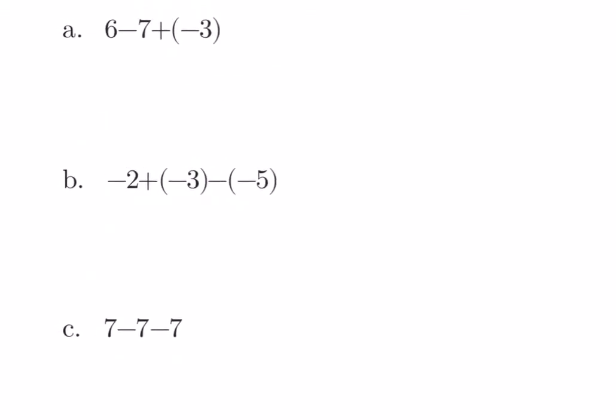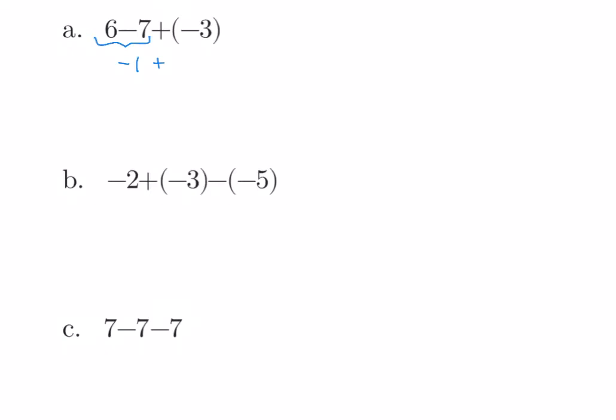All right, so if we look at example A, first way I'm going to do this is from left to right. So if we go from left to right, we have 6 and negative 7. These have different signs, so I'm going to subtract and keep the sign of the larger number.